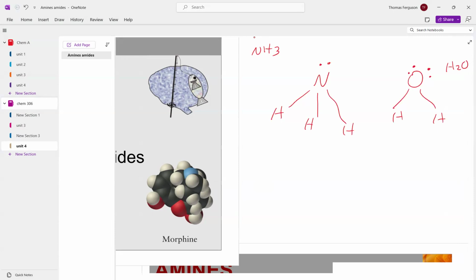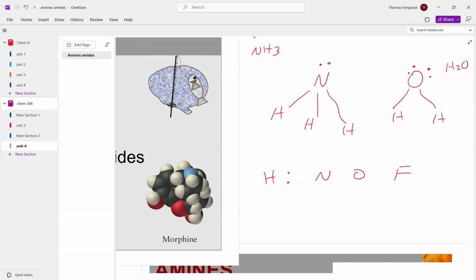So because of that, they're much more influential. So hydrogen bonding occurs. NOF. That's where the hydrogen bonding comes in. And that's where the familiarity between oxygen and nitrogen come into play.